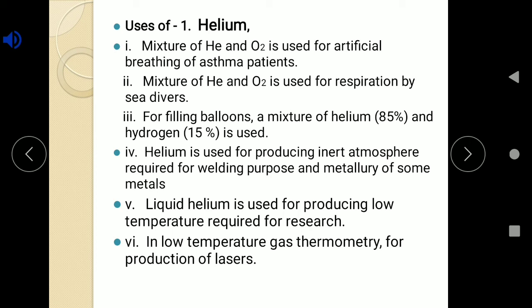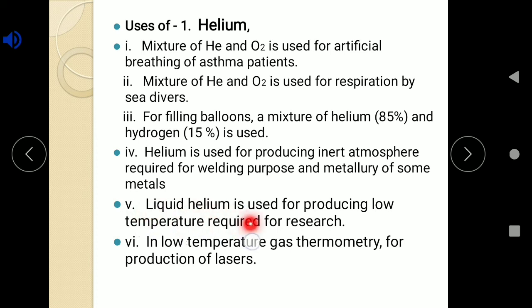So as helium is inert, an atmosphere containing helium will not react with the metal. Hence, to create an inert atmosphere, generally helium or inert gases are used.